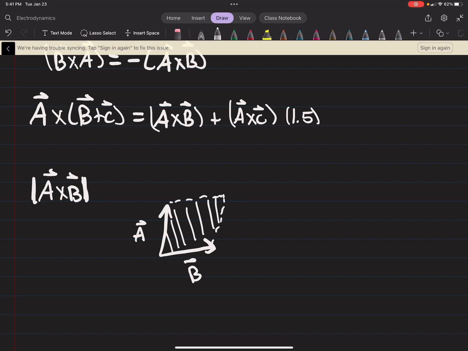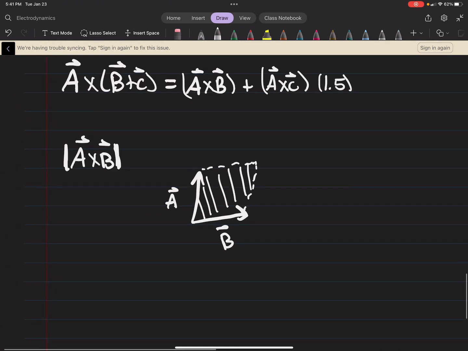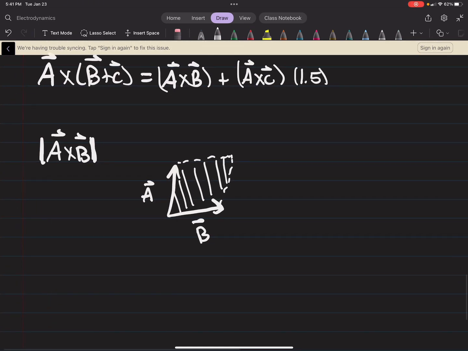Okay? And one other important thing to note, that if you cross two vectors that are the same, then that's just equal to 0 because sine of 0 is 0. Okay? So that is section 1.1, basic vector algebra.